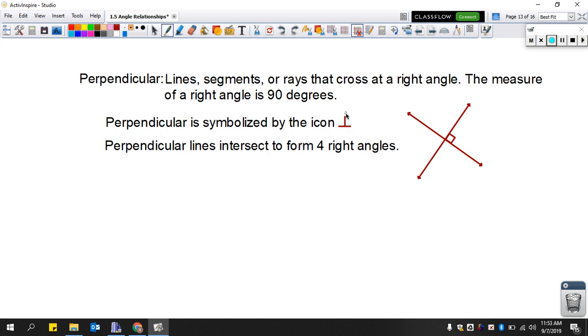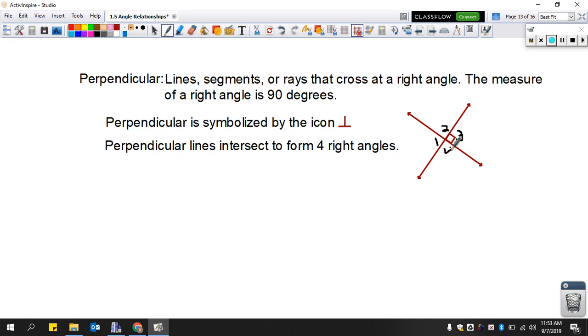All right? We also know that perpendicular lines intersect to form 4 right angles. Remember back a few minutes ago when we were talking about the vertical angles, I said if 2 straight lines cross, they form 4 angles. Well, this is even a more special case in that they form 4 right angles. They form angle 1, angle 2, angle 3, and angle 4.